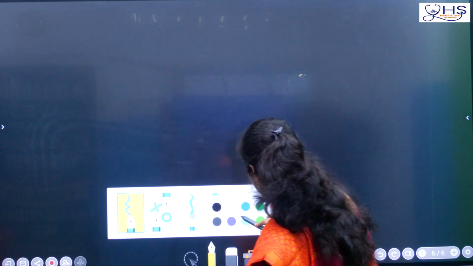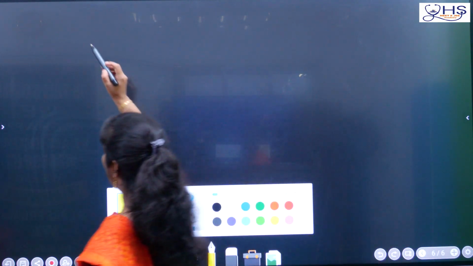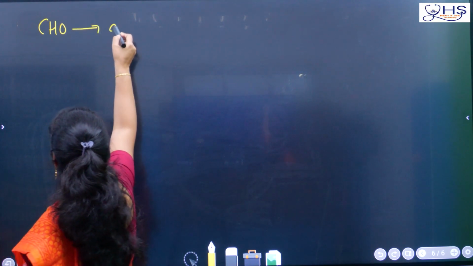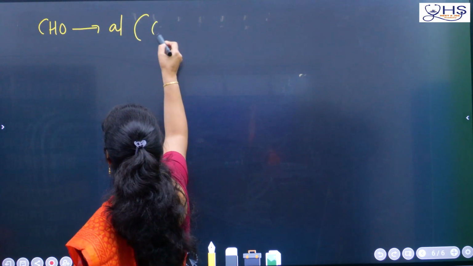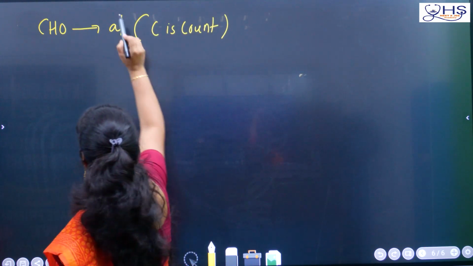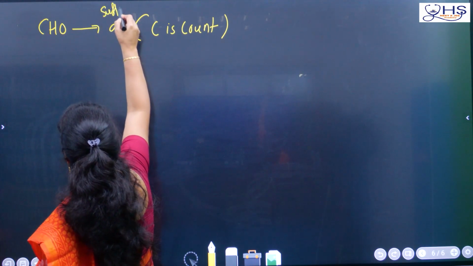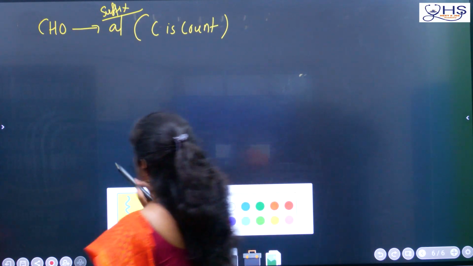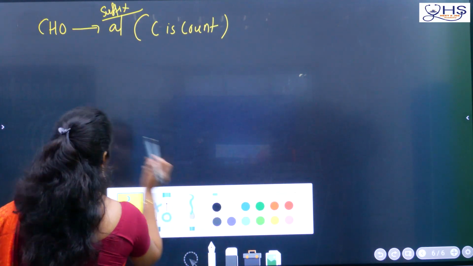Next we will go to an exception. Normally for CHO, the normal suffix is -al. At that time the carbon is counted. We count the carbon and we use the suffix -al. But you have one suffix which is known as a special suffix.